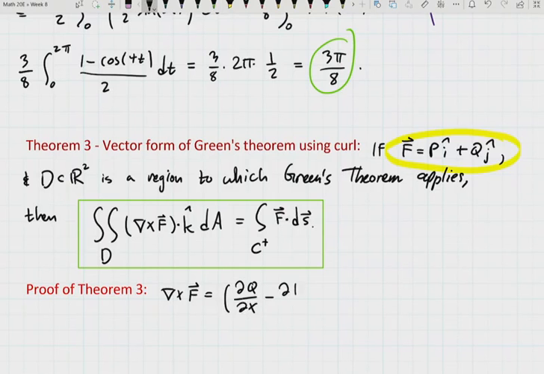It's dQ/dx minus dP/dy times k hat. So when we dot del cross F with k hat, we just get dQ/dx minus dP/dy.